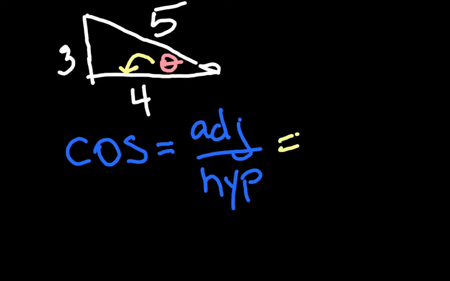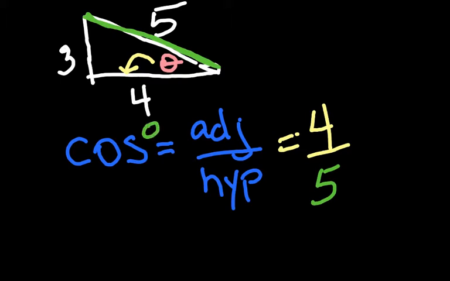So the adjacent side is 4. The hypotenuse is the longest side, and that's 5. So the cosine of theta equals adjacent over hypotenuse. Write it down. Make sure you draw the triangle.